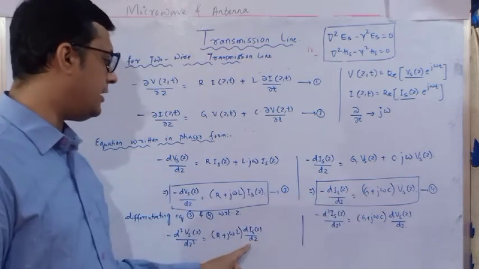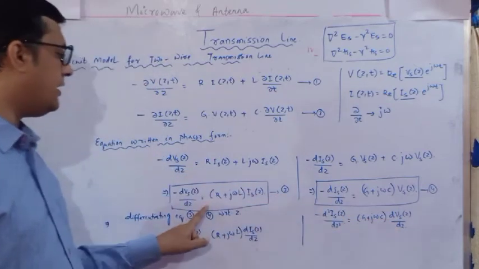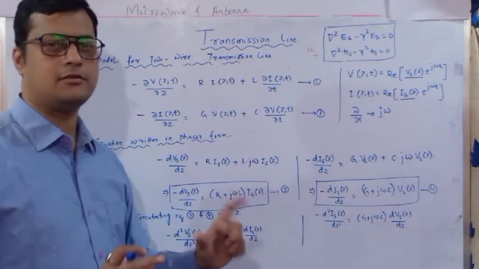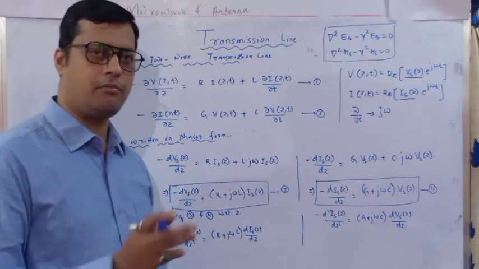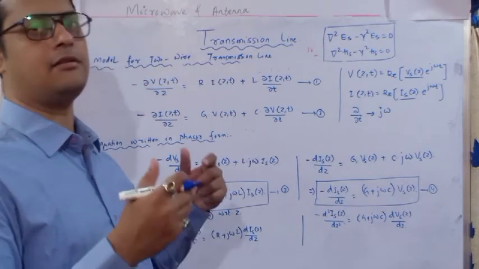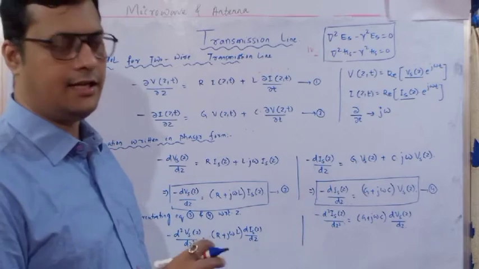Substitute this quantity here. dVs of z by dz, the quantity is this. Substitute this value here. We will get the same constant value in terms of potential and in terms of current. Once it is done, that means we have generated the wave equation in terms of potential and current.